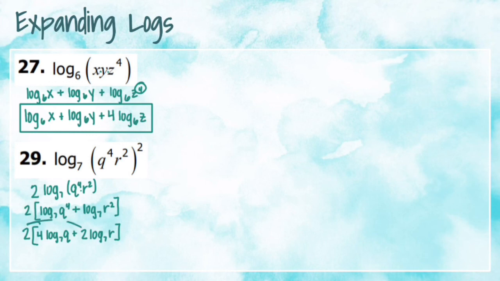Then we want to distribute this 2. So we're going to just multiply it by the coefficients. So we're going to get 8 log base 7 of q plus 4 log base 7 of r. And finally, we are done expanding this logarithm.